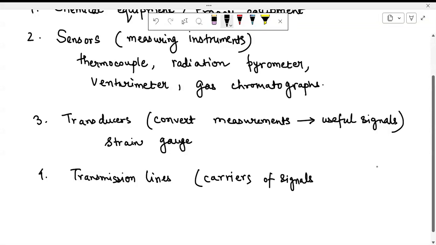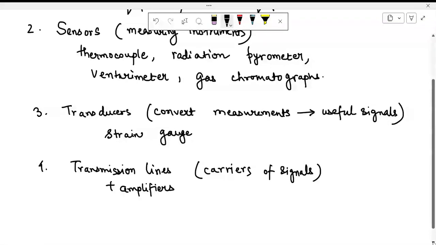They'll carry the signal to the controller. Now they may or may not have amplifiers. The reason for using amplifiers is some of the signals that are actually generated by transducers are very weak, and you may need to amplify them if you want to transfer the signals over a large distance. So they may or may not come with an amplifier attached.